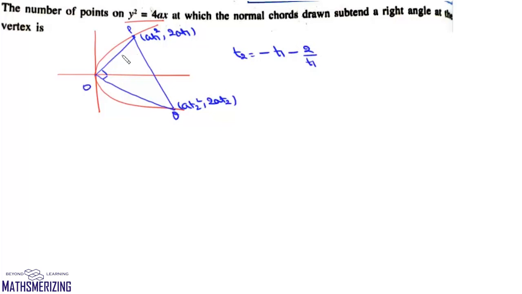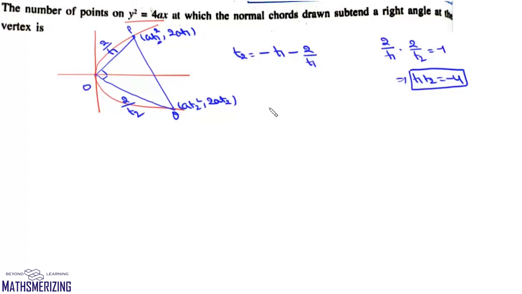Now it also says this chord PQ subtends a right angle at the vertex. So what is the slope of this line? The slope of this line is 2 upon t1, and the slope of this line will be 2 upon t2. Since they are perpendicular, we can write 2 upon t1 into 2 upon t2 equals minus 1. So from here, the value of t1 into t2 is simply minus 4. Now we need to find how many values are possible for t1.